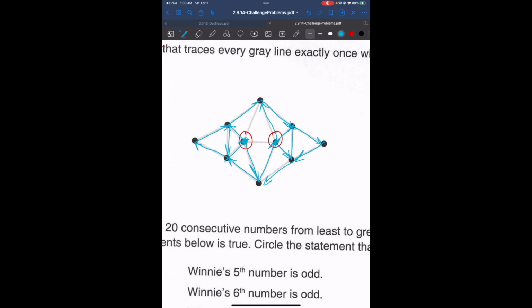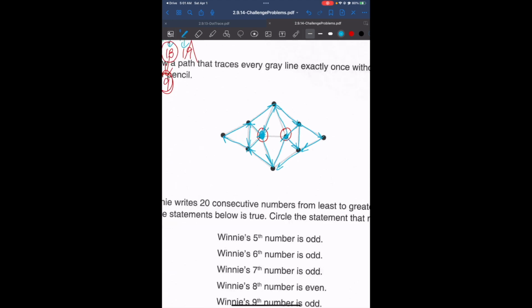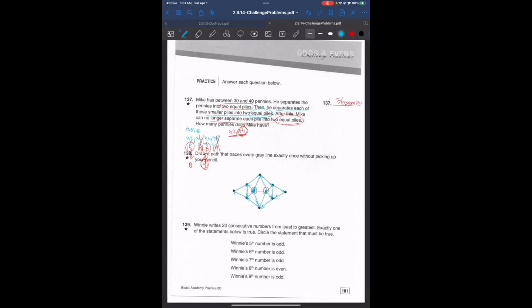We still haven't crossed one line twice, and then we ended back into an odd dot. And so that trace is correct, but there are many other ways to trace this drawing. And so if you started with an odd dot, ended with the odd dot, and followed all the rules, then your solution or your path is probably correct as well.